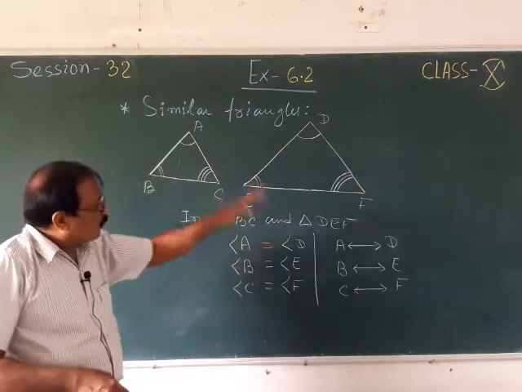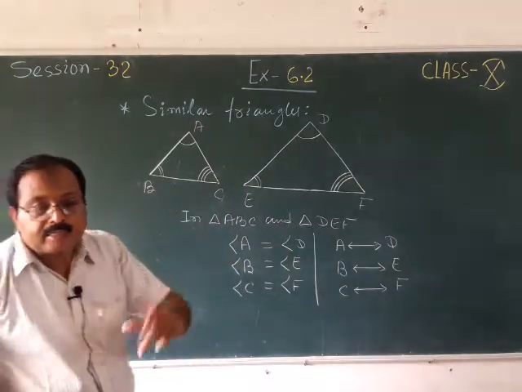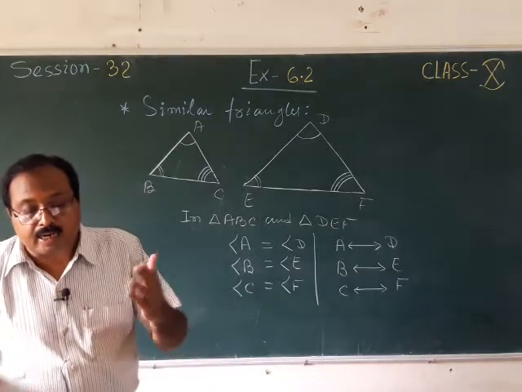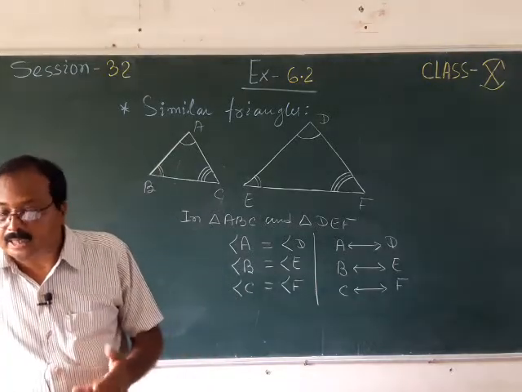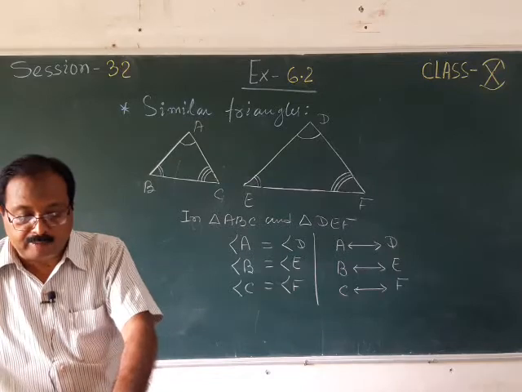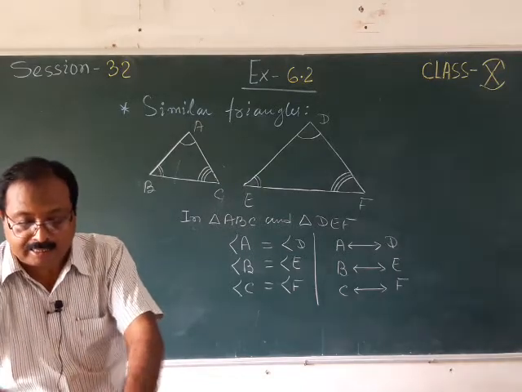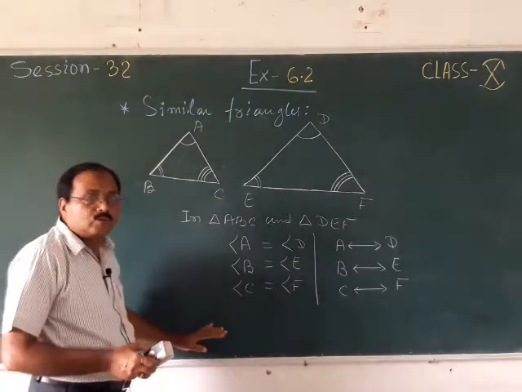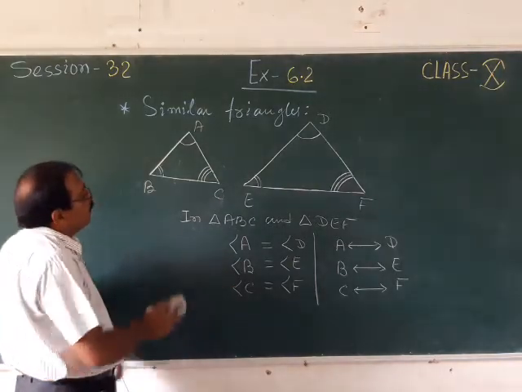Now, for these two triangles to be similar, two conditions are given: their corresponding angles are equal and their corresponding sides are in the same proportion. When I talk about similar triangles, you have to note this down for your understanding.